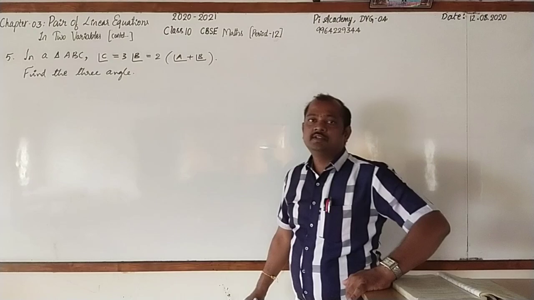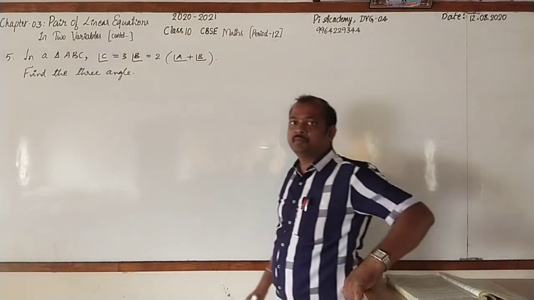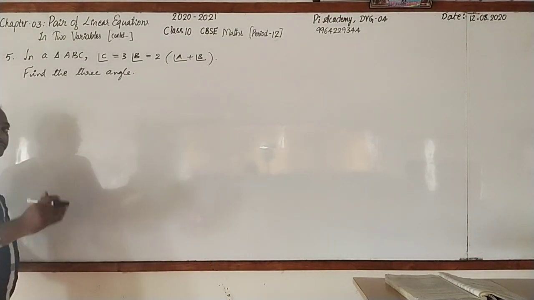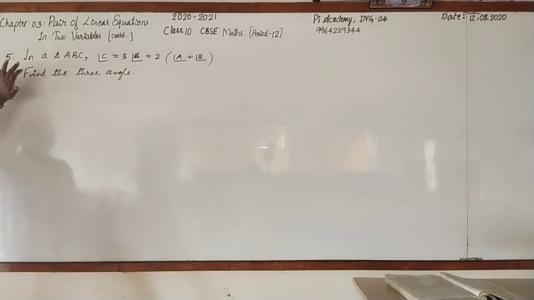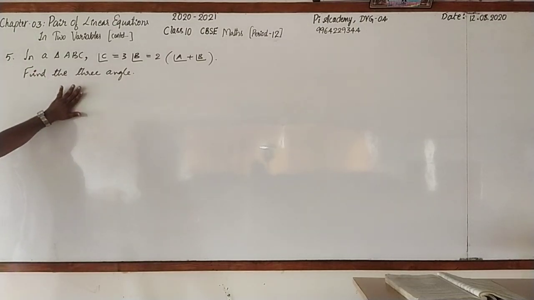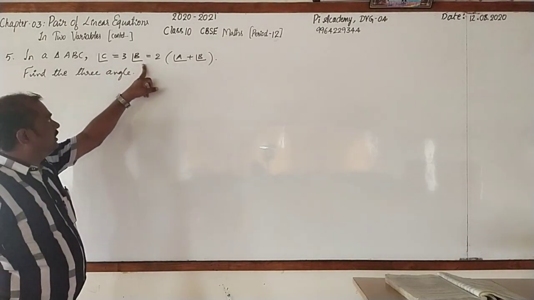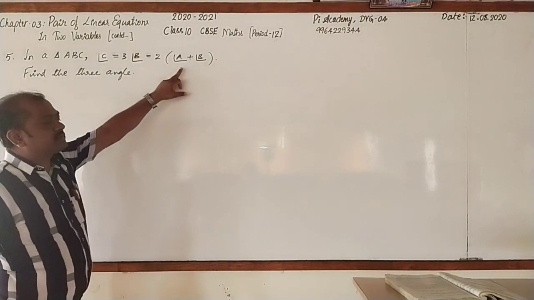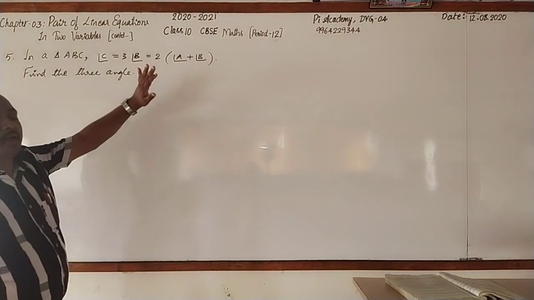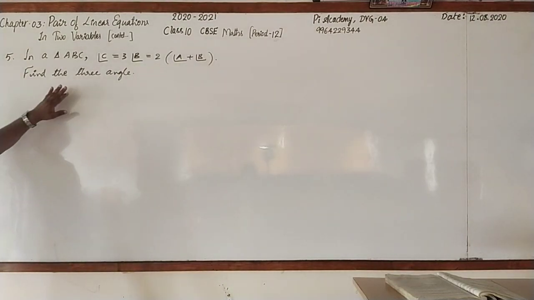yes, dear students, now let's move on to fifth one. Observe and start writing. In a triangle ABC, angle C is 3 times that of angle B, which is equal to 2 times that of A plus angle B. Find the 3 angles.